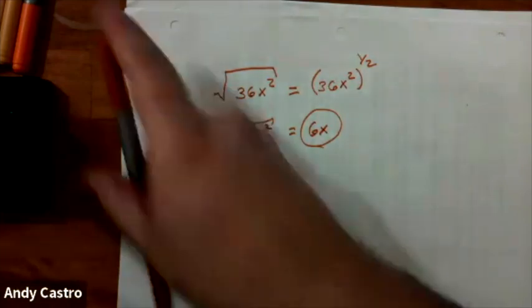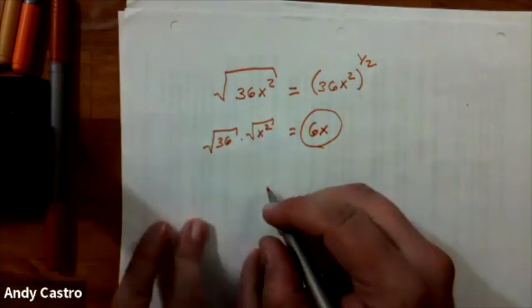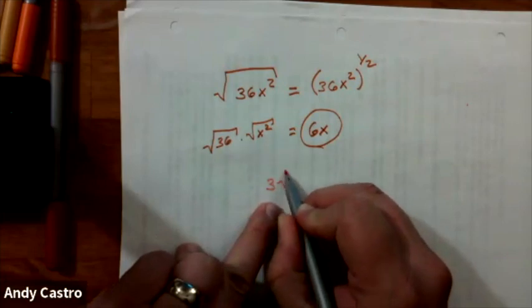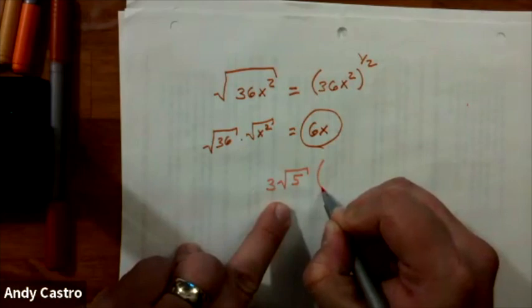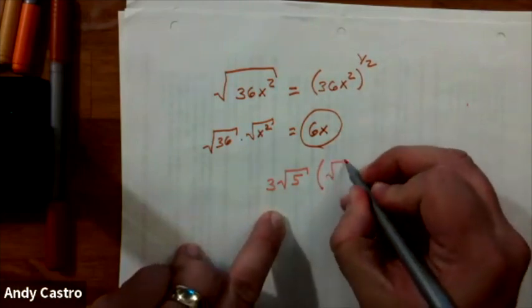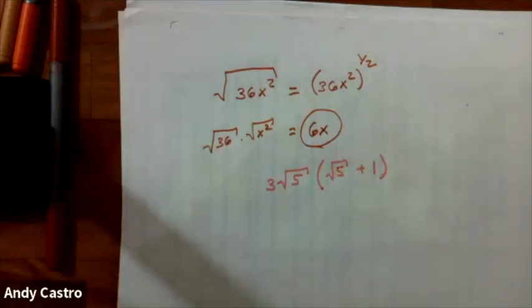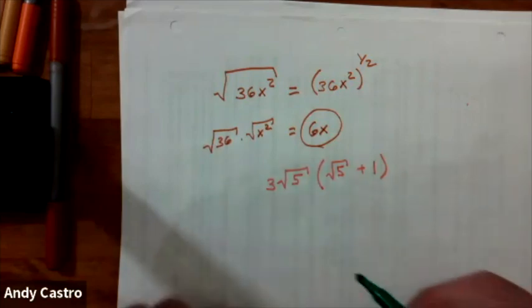Now, let's look at doing it with some multiplication. So let's look at 3 times the square root of 5 times the square root of 5 plus 1. Okay? So a nice, easy distributive problem here.